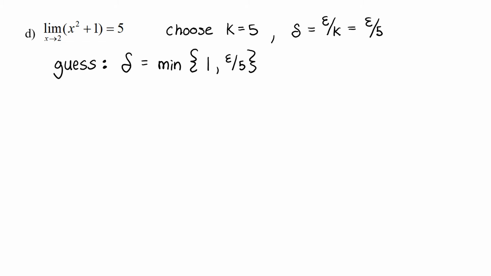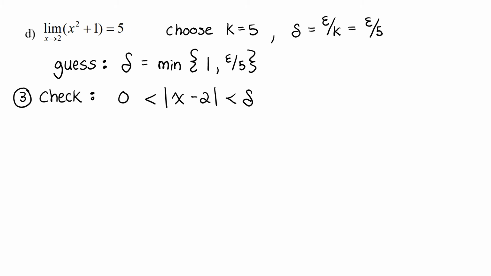We already showed that this works out okay for 1, so now we just need to check for when delta is equal to that epsilon over 5. So we have 0 is less than the absolute value of x minus 2 is less than delta.